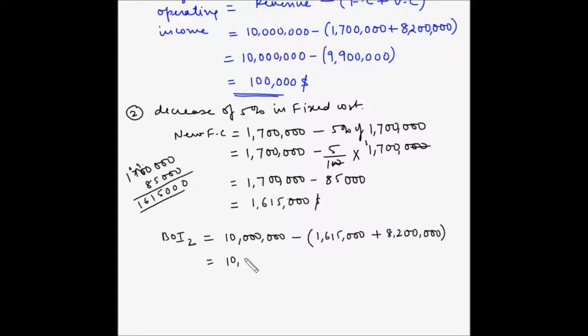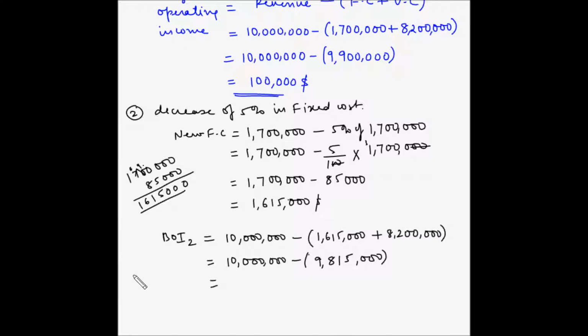So this is equal to $10 million minus, so last three zeros remain the same, 5 plus 0 is 5, 1 plus 0 is 1, 6 plus 2 is 8, and 8 plus 1 is 9.